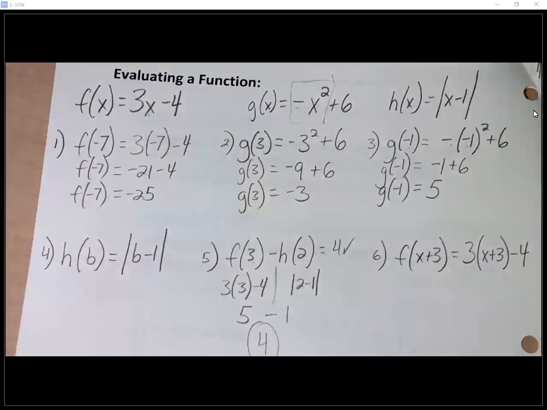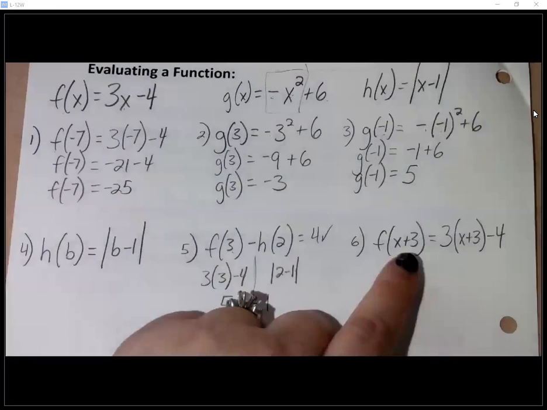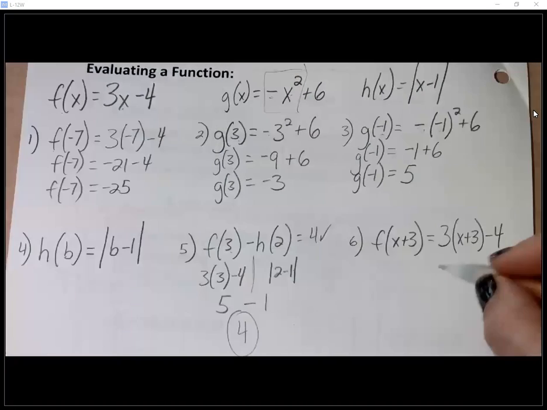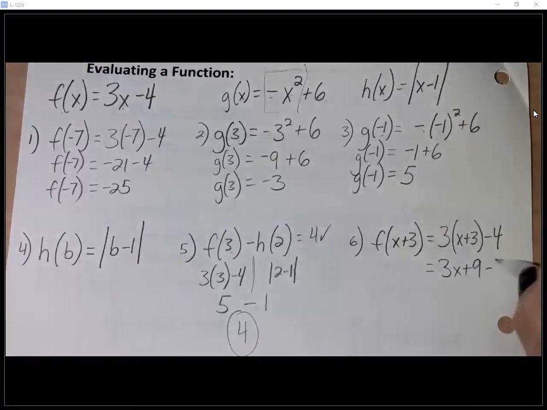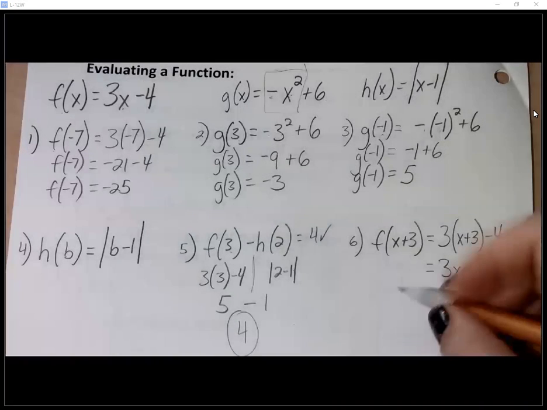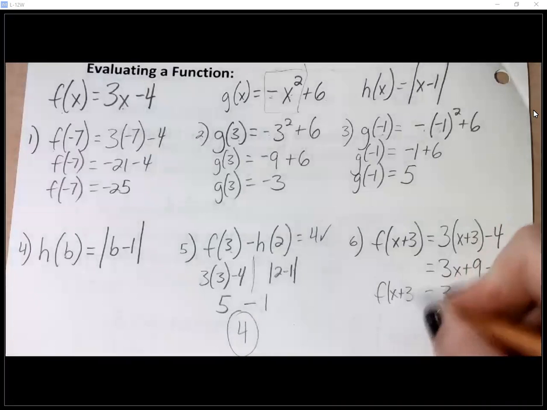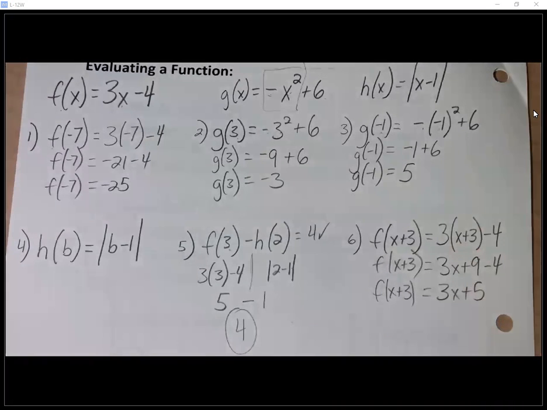I've just swapped out the variable for whatever is inside the parentheses. Now I can simplify this. I get 3x plus 9 minus 4, and that's where the 3x plus 5 comes from at the end.